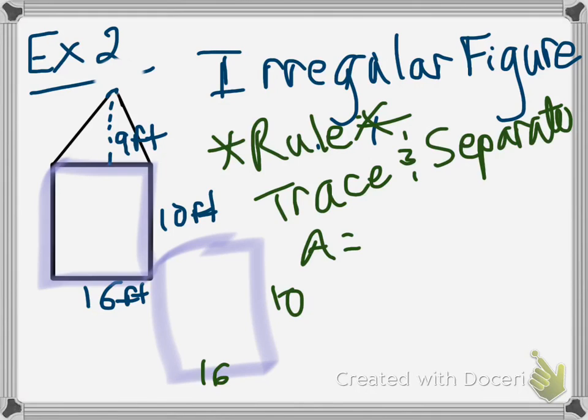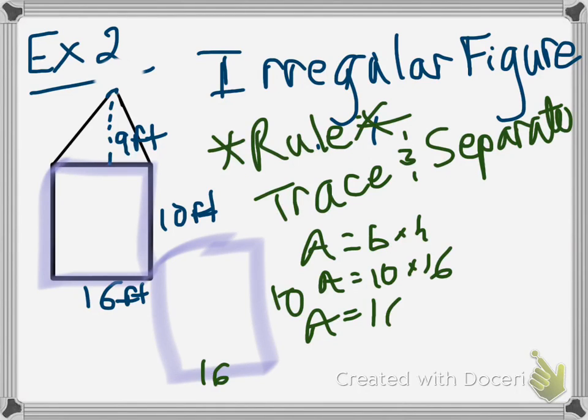So area equals base times height. So area equals 10 times 16. So the area equals 160 feet squared. Okay, I can trace and separate out up here.